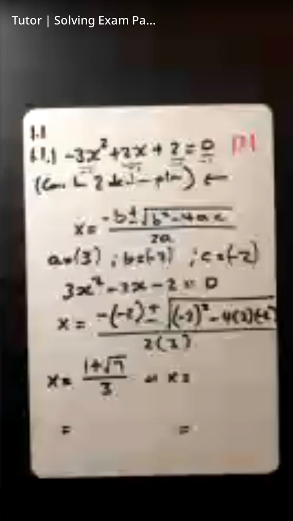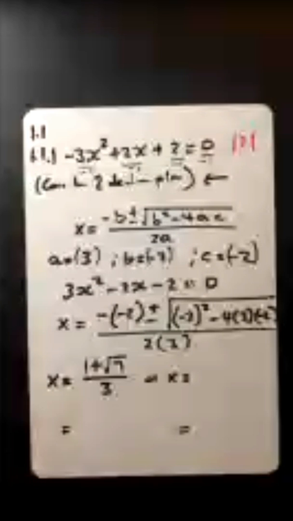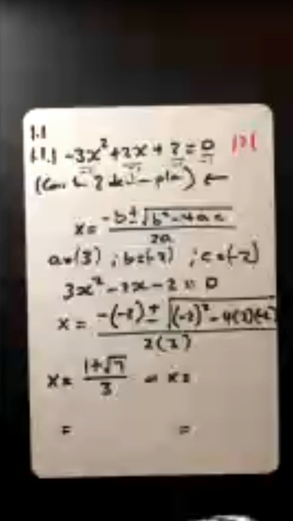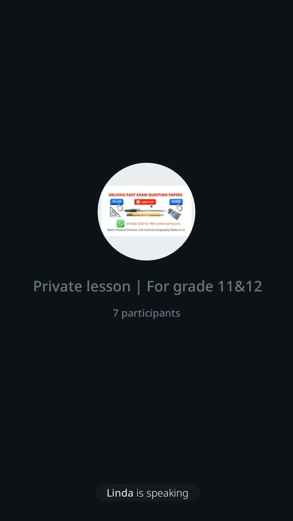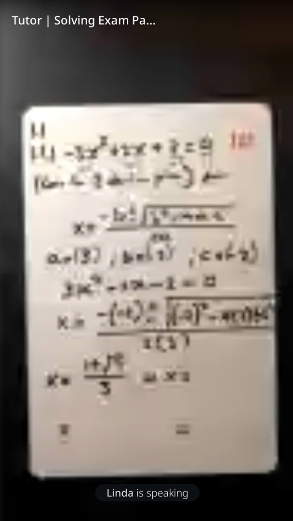This is when you punch the whole of that using a positive sign. Yes, sir. I got 1 plus square root 7 over 2, not over 3. I'm getting 1 plus square root of 7 over 3.